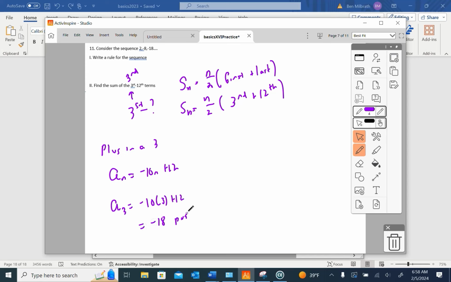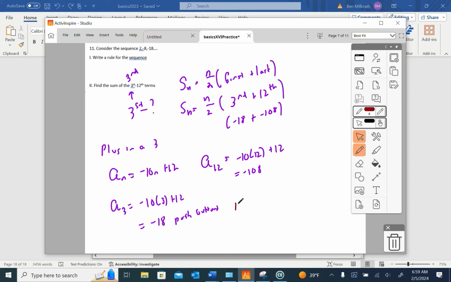Again, you can always push buttons if you don't have any clue where that number came from. I also need the 12th term by plugging in 12, and the formula was negative 10n plus 12. That's negative 120 plus 12, which is negative 108. So here we have a negative 18 plus a negative 108.